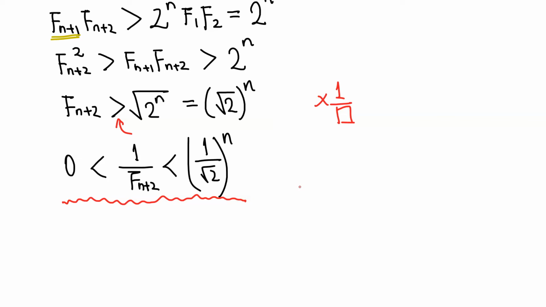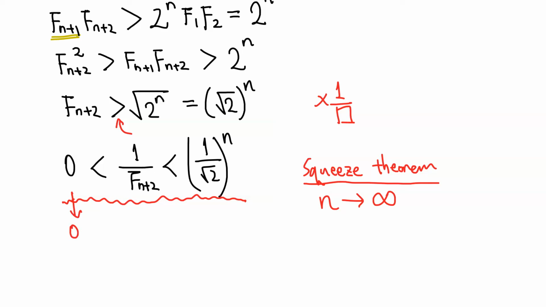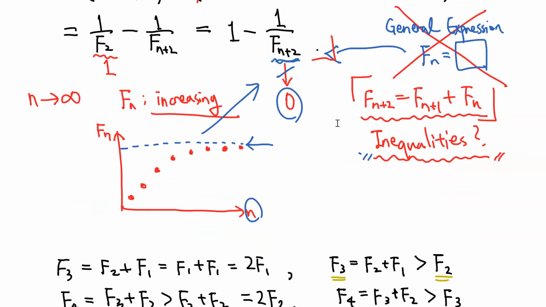And from here, we use the famous squeeze theorem. So if we consider the limit where n goes to infinity, this term remains 0, and this term will approach 0. So therefore, we can say that this limit is indeed 0.